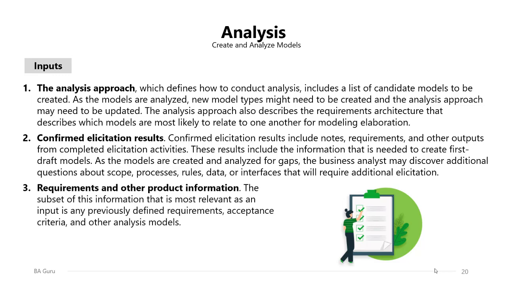And the last input will be requirements and other product information. It's the subset of this information that is most relevant as an input in any previously defined requirements, acceptance criteria, and other analysis models. So these are the 3 inputs you need to have before you kick off creating and analyzing different models.